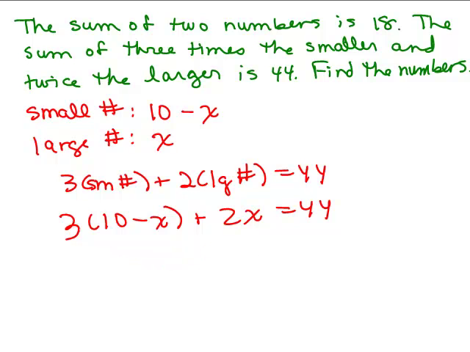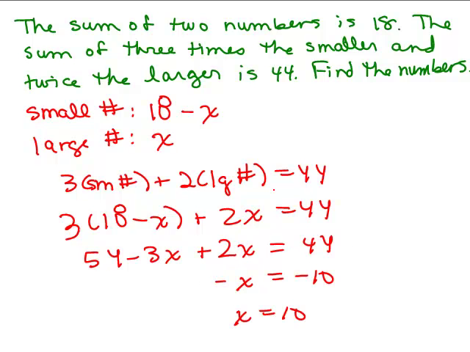So this was 30 minus 3x plus 2x is 44. So this will give me negative x. Oops, found a mistake. This was 18 minus x. There we go. So this is 18 minus x. So we get, if you follow through the problem, we end up with x equals 10.